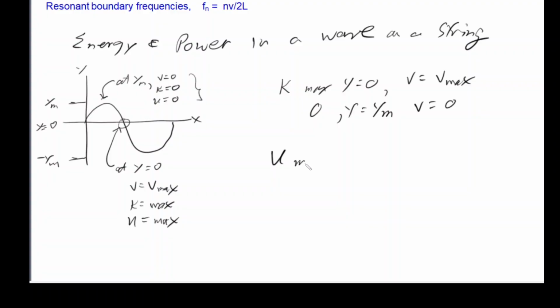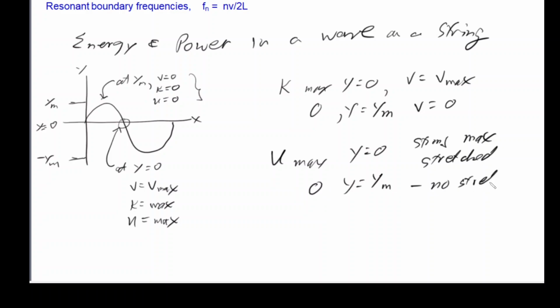Potential energy U is maximum at y equals 0 because the string is maximally stretched. And potential energy is 0 at y equals ym because there's no stretch in the string.